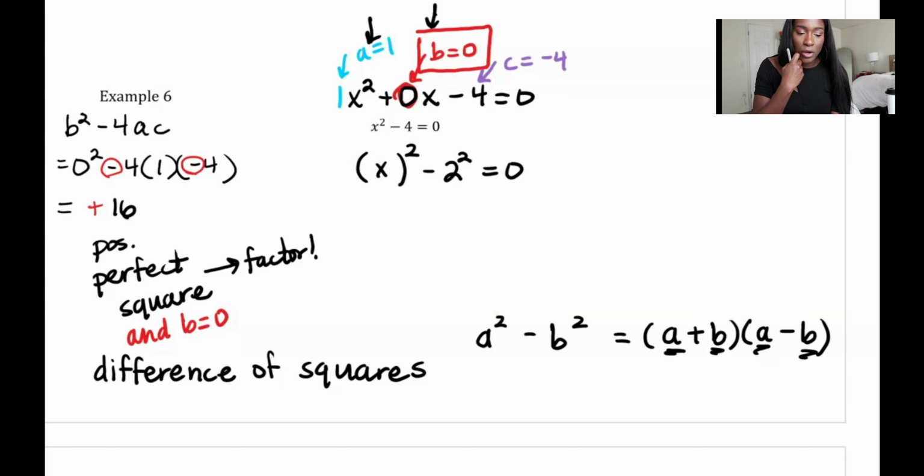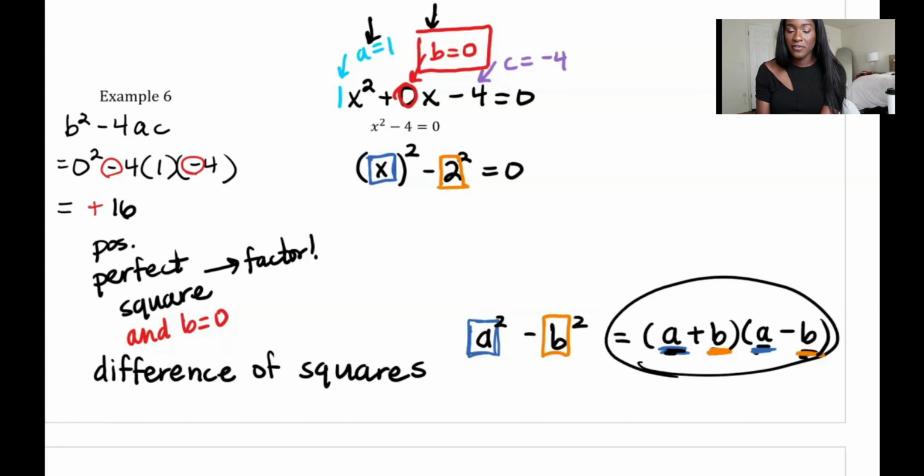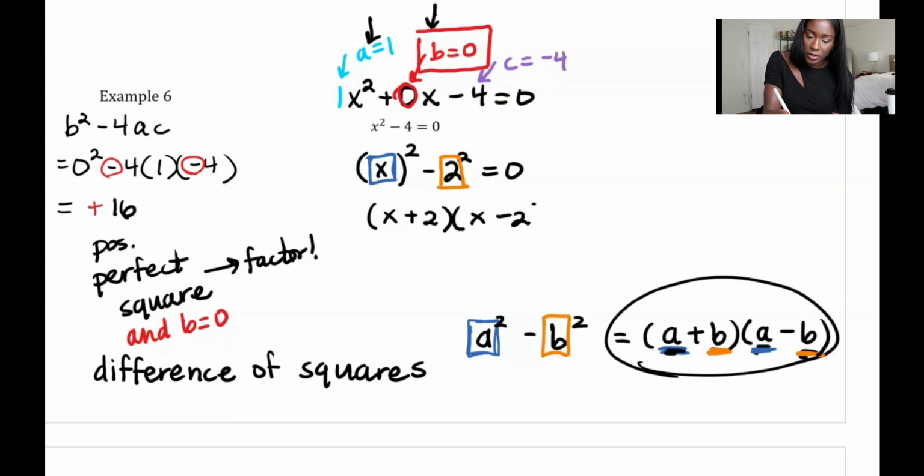And the only reason I wrote it like that was so that we could clearly see that this x is this a, and that this 2 that's being squared is this b. So now all I have to do is fill this out, and I'll have it factored. Well, a was x, so that is x. b was 2, so that is plus 2. And a was x and b was 2.